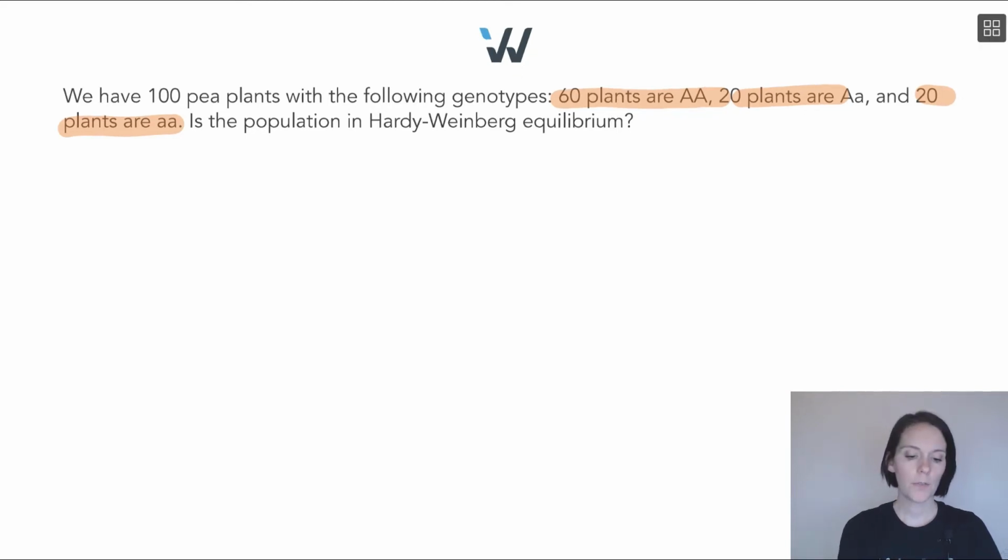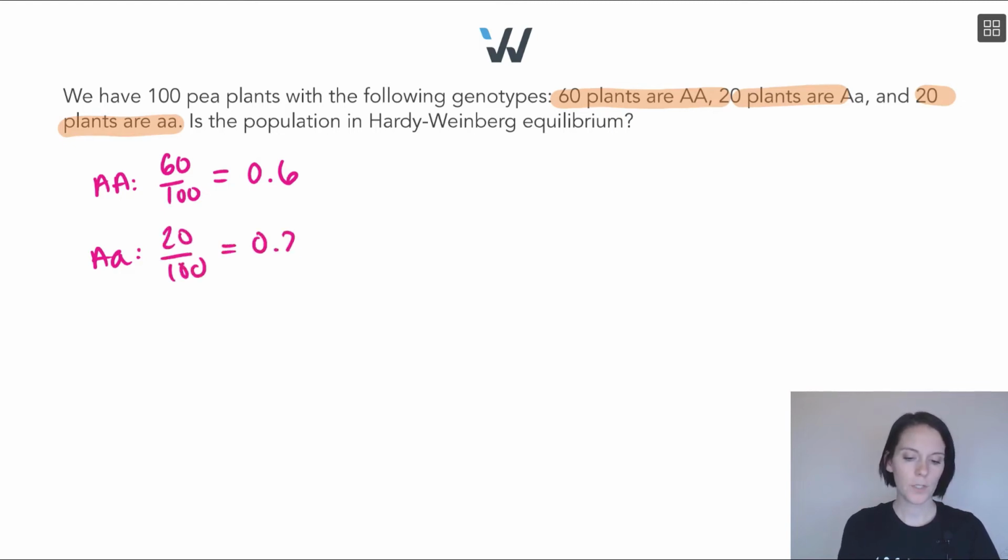Okay, so we know that for big A big A, we have 60 out of 100 individuals that have that genotype, so that genotype frequency is 0.6. Big A little a, we have 20 out of 100, and so that gives us 0.2.